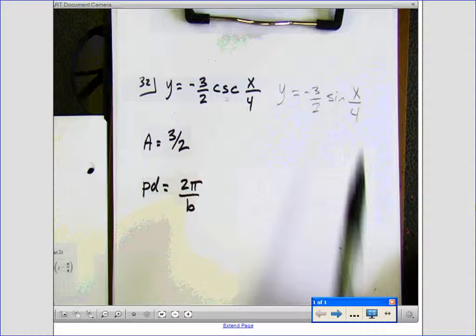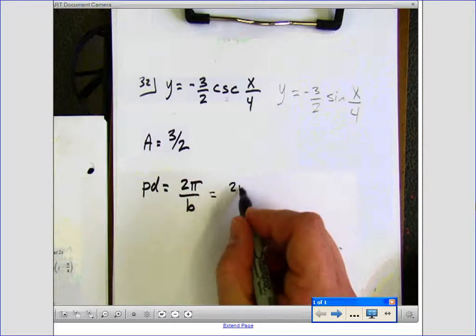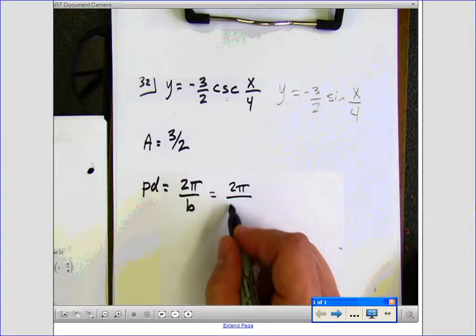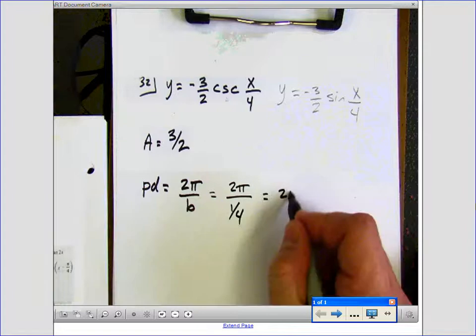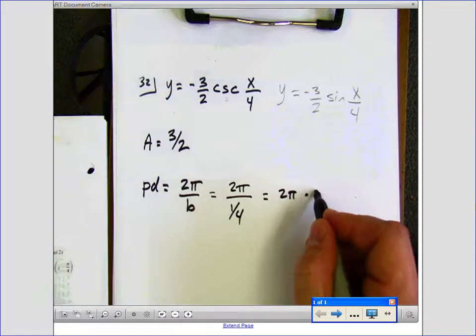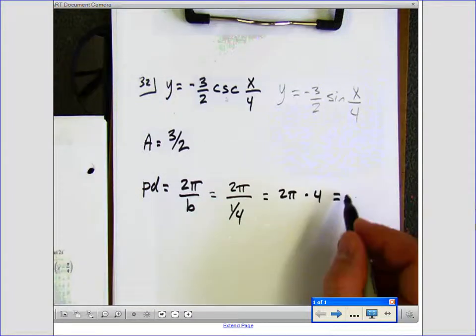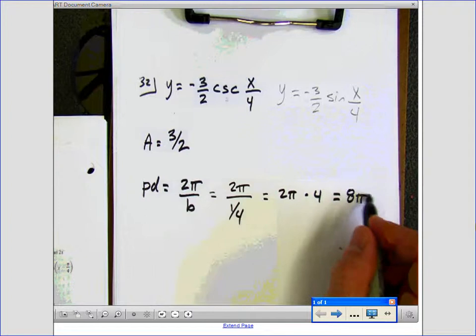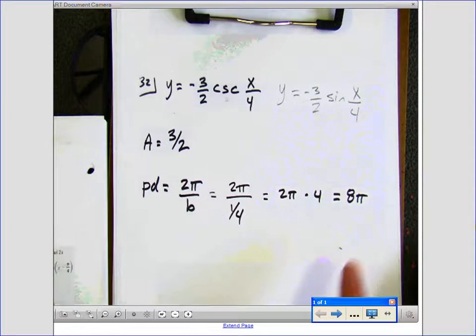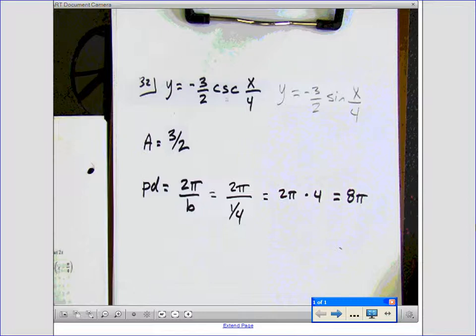So the b is 1/4, so we'll get 2 pi divided by 1/4, which is 2 pi times 4 over 1, so it's going to be 8 pi. So if I split 8 pi into 4 equal intervals, what's each interval going to be? It'd be 2 pi. If I take 8 pi and split it into 4 equal intervals, 8 pi divided by 4 would be 2 pi.